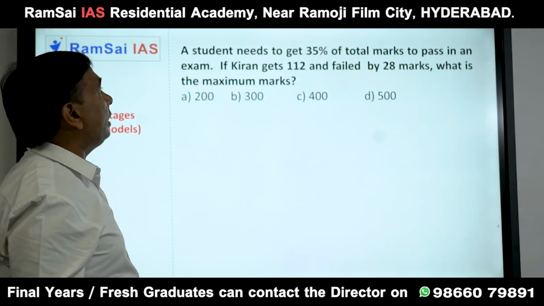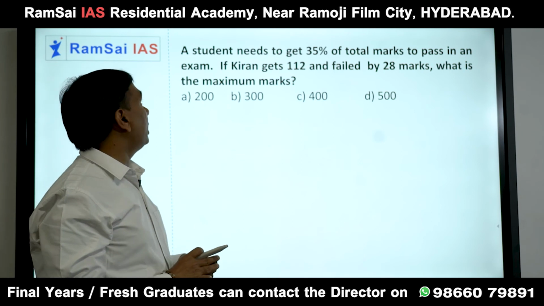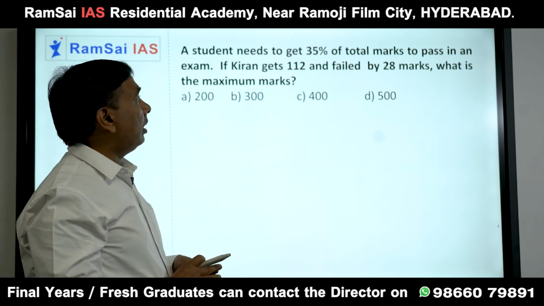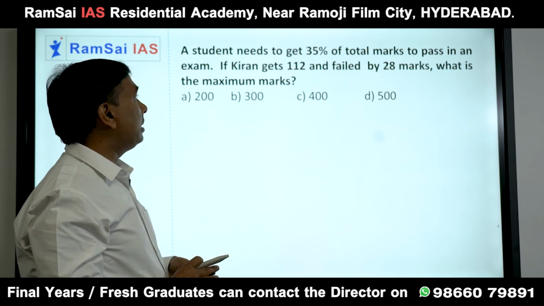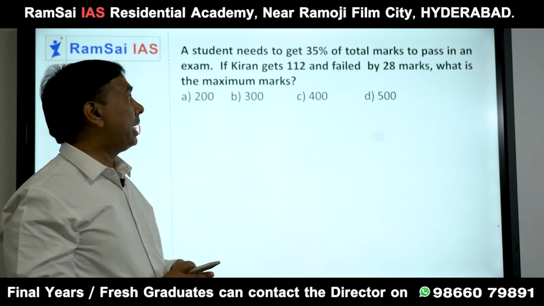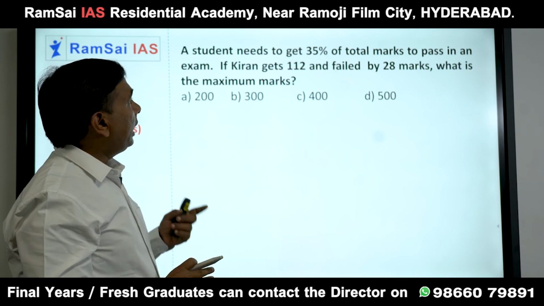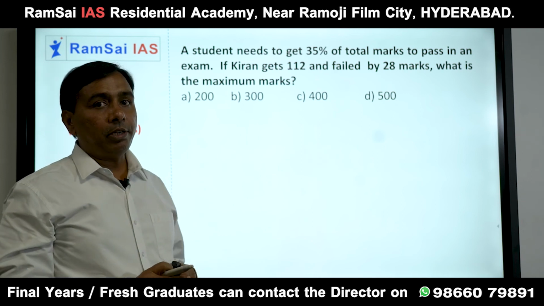A student needs to get 35% of total marks to pass in an exam. Kiran gets 112 and failed by 28 marks. What is the maximum mark for the examination? Now, Kiran gets 112 and failed by 28.